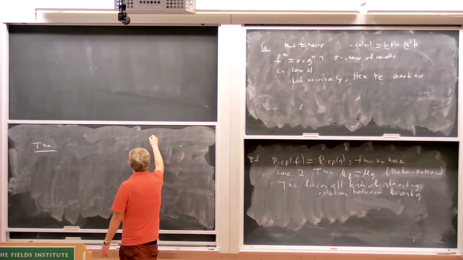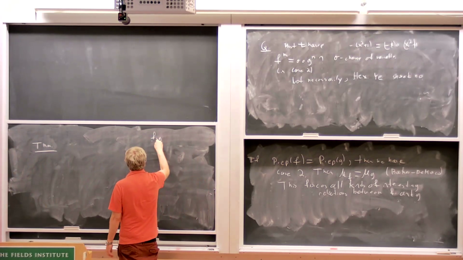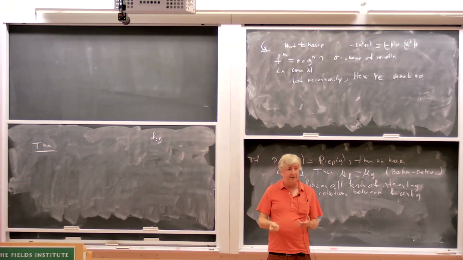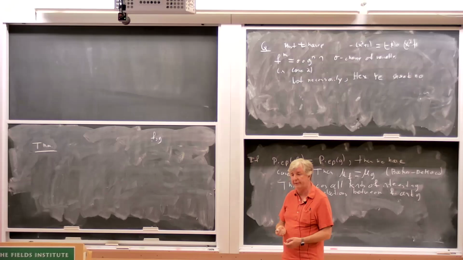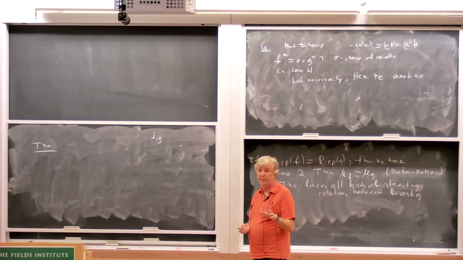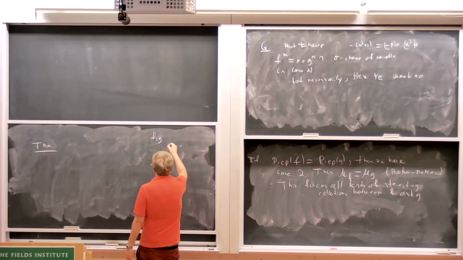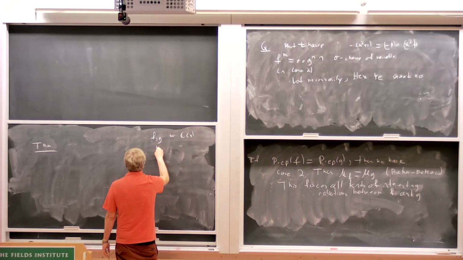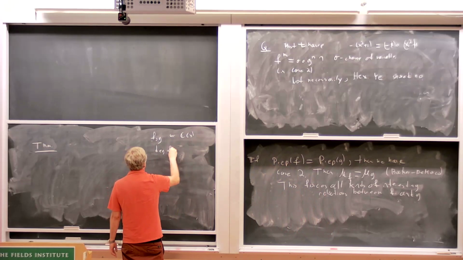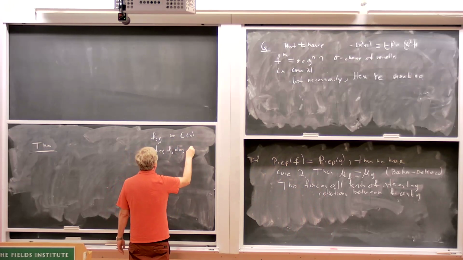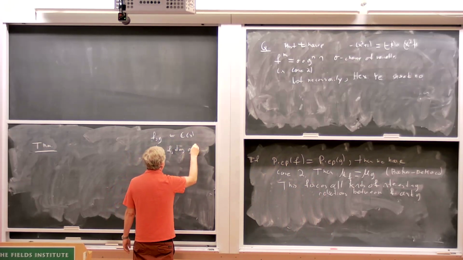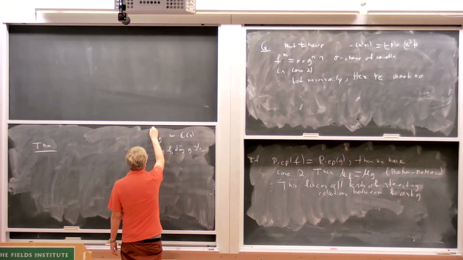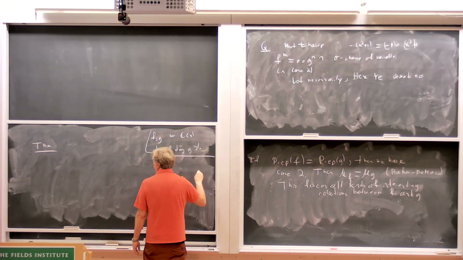By the way, for the rest of the talk, until the very last question I ask at the very end, f and g will always be rational functions of degree greater than 2 over C. So if I say f and g, that's what I'll mean.